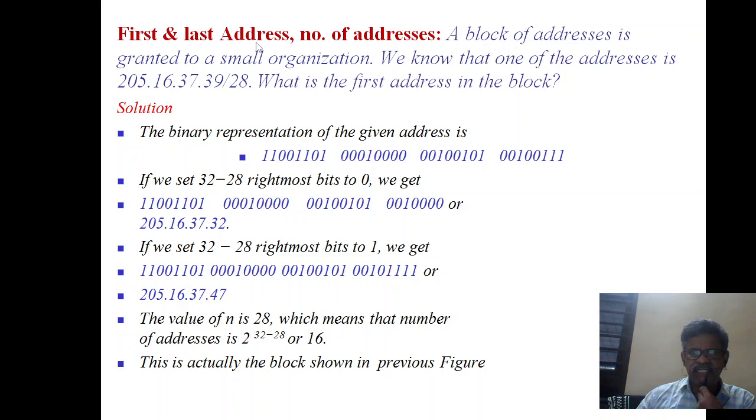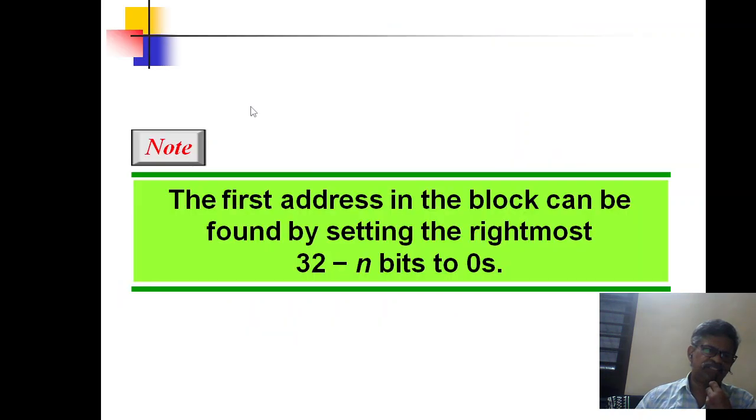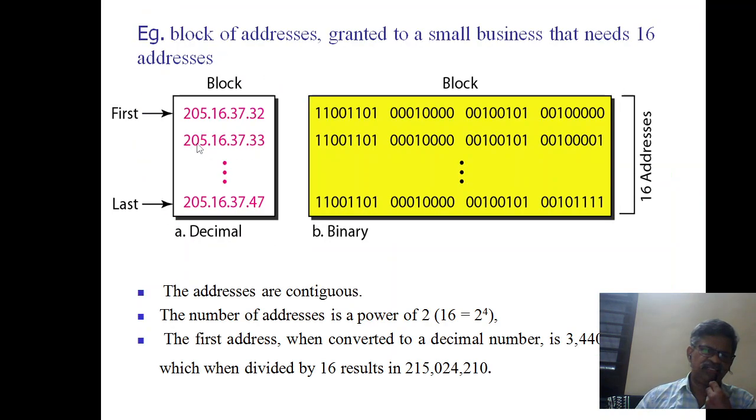Find the first and last address and the number of addresses. So we are required to find these. Given that a block of addresses is granted to a small organization, we know that one of the addresses is 205.16.37.39/28. One address we know.